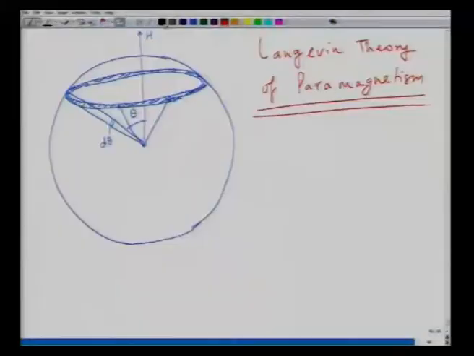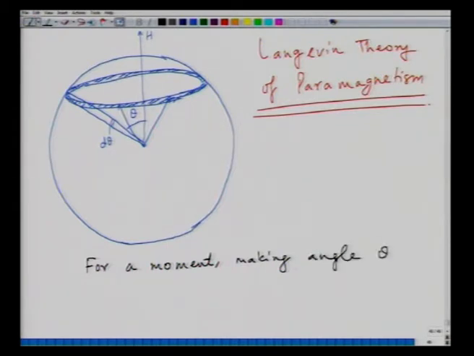Let us say for a moment which makes an angle theta with respect to H, what is the probability that it occupies a certain energy state E?